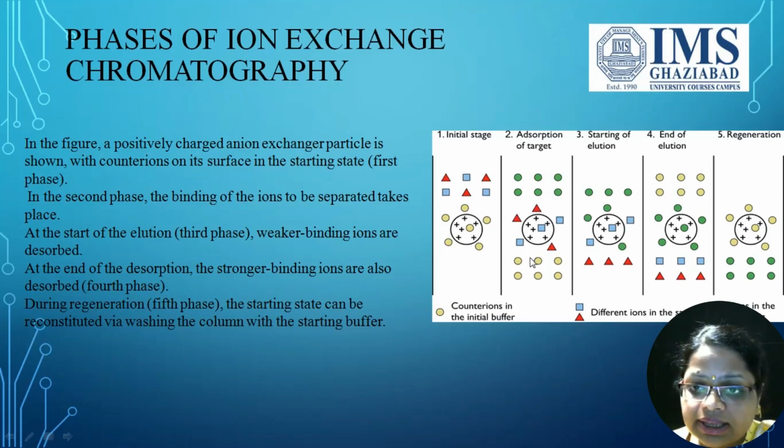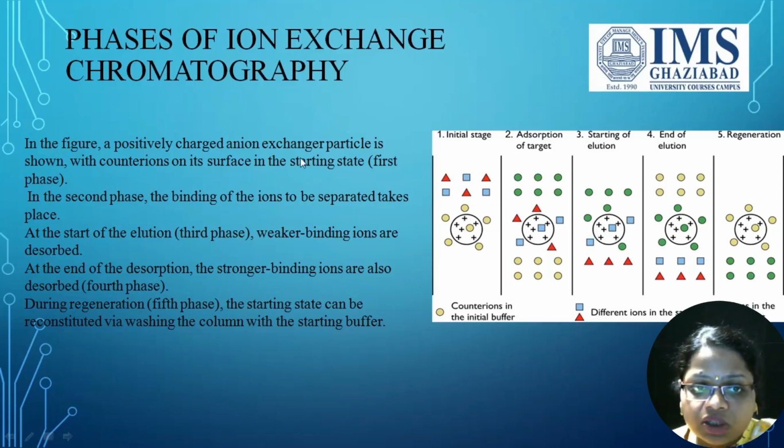So this is in the next figure. You can see how the counter ion has been replaced by the negatively charged targets. These negatively charged targets are now bound. Now once we start the elution, the unbound ions will elute out of the column and only the negatively charged ones will remain bound to this column.